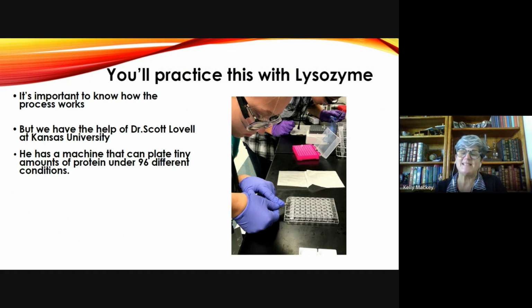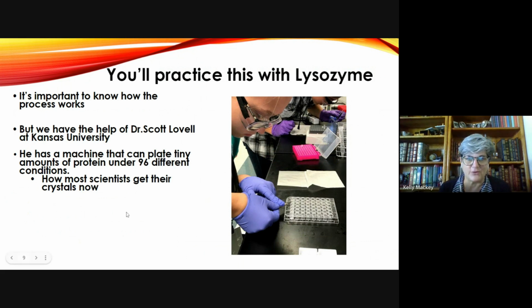One plate has 96 different wells, or 96 wells. And so he can put 96 different conditions in every one of those things. And as it turns out, this is now how most scientists do their crystal growing. It is less and less common to be doing this by hand. That's kind of old school now, is what we have learned. So Dr. Lovell is fantastic for us.